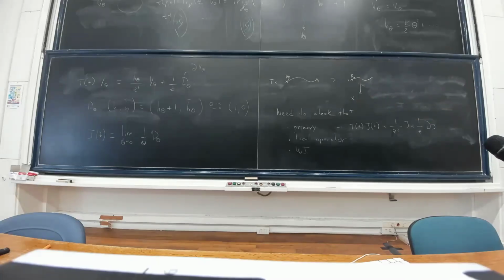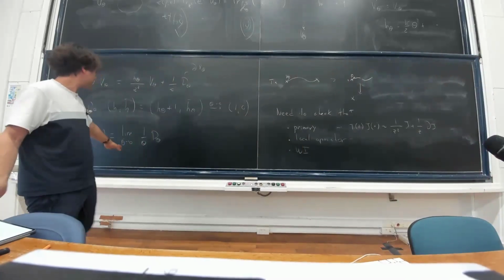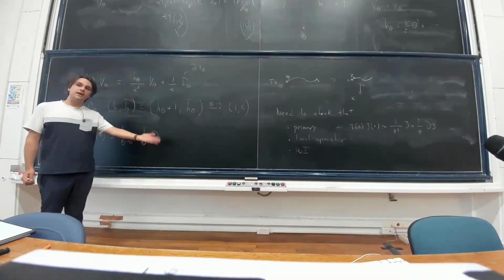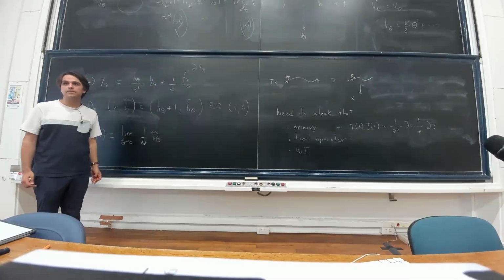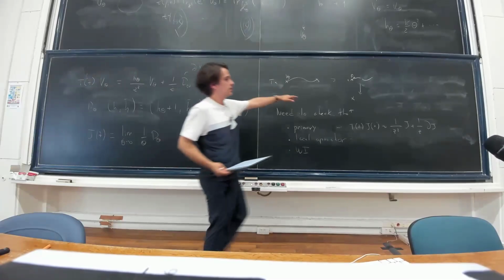Yes. Why does the limit exist, and how is it defined? So it's defined inside of correlation functions. Okay, so I start with a correlation function that contains this descendant, and I'm going to define the local operator by taking a limit of this correlation function, which is this picture here.